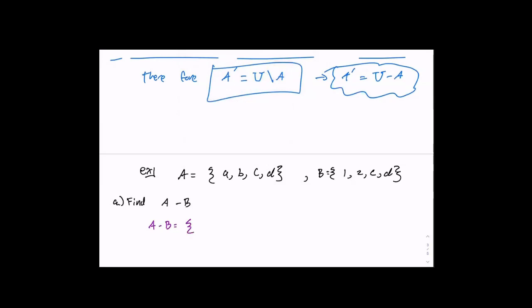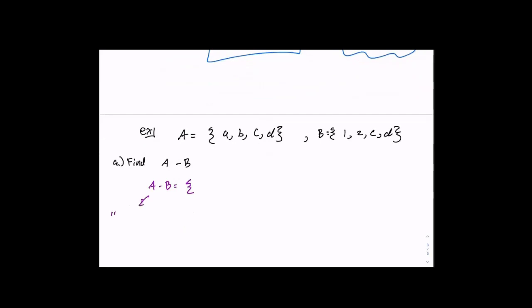Can someone put this set in words? A minus B is the set of elements in A that are not in B. All right.